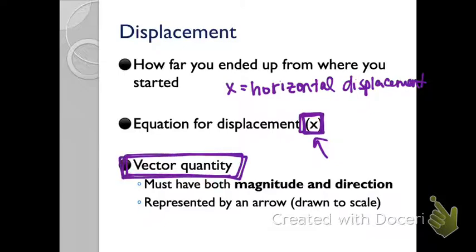A vector quantity is any measurement that must have both magnitude and direction. Let me rewrite this a little bit because I want to make it a little more clear.